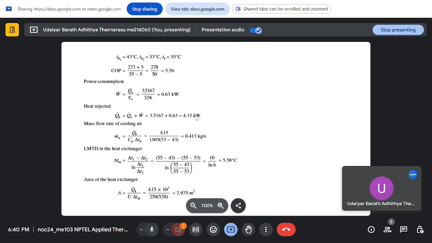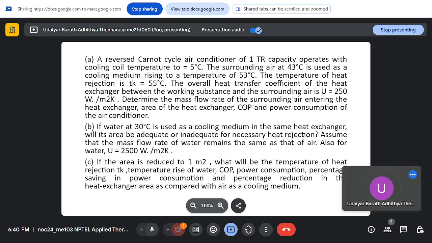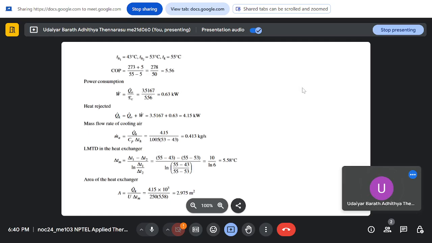Next, I need to find out the area. I know the overall heat transfer coefficient U. So Q in terms of the heat transfer coefficient will be U A delta T, the LMTD, logarithmic mean temperature difference.